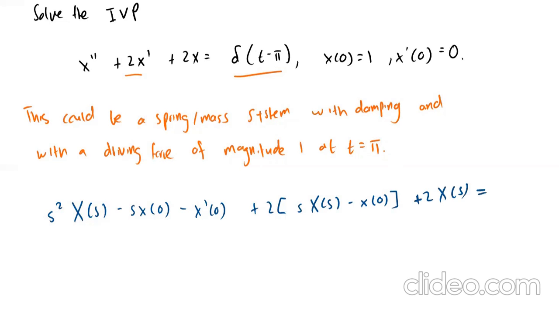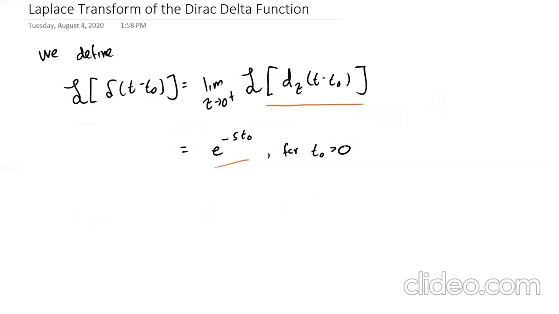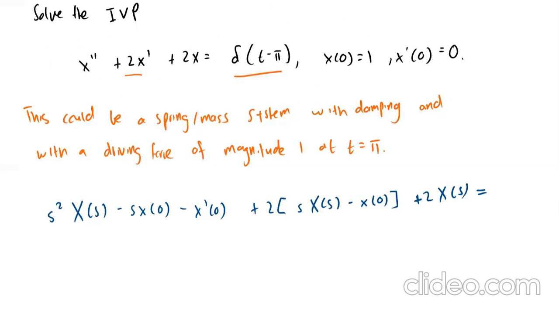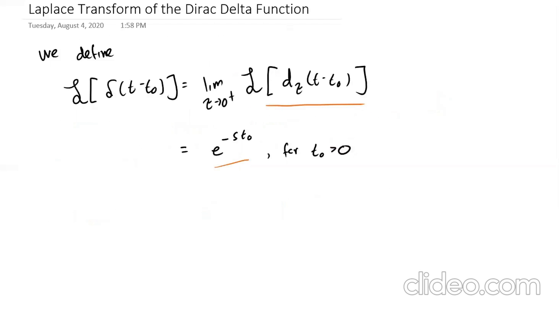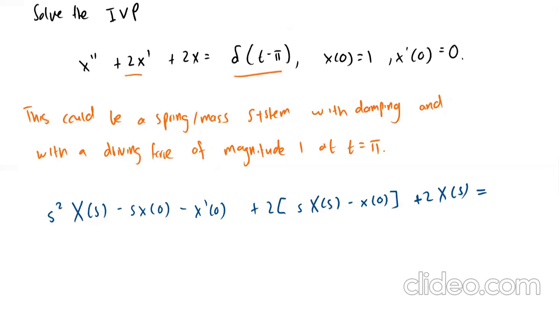And this is going to be equal to what? Well, what's the Laplace transform of a Dirac delta function when the impulse happens at t equals pi? By the previous definition, or just this formula, it's just e to the negative s times pi. Maybe I moved too fast, but that's what the formula is.